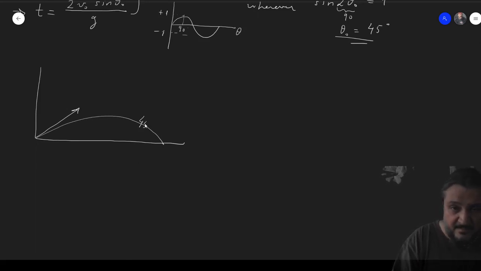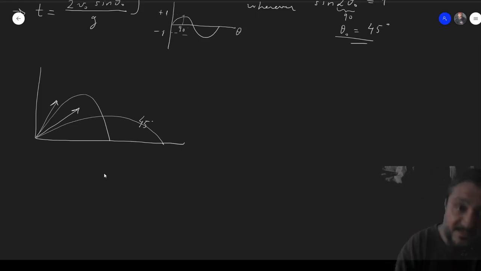What if you kick the ball with an angle greater than 45, let's say 70 degrees? The range will be less.